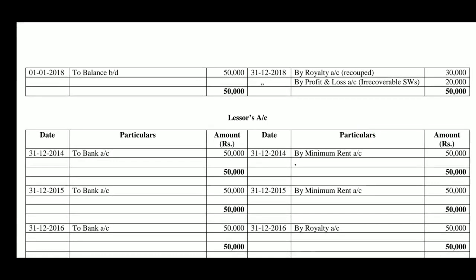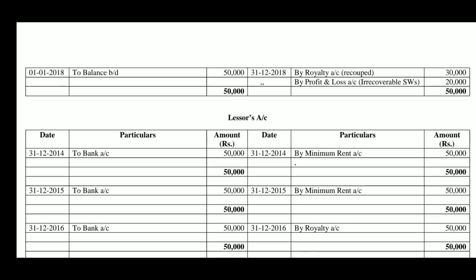Now, at the end of the year, since there is surplus royalty of 30,000, which is utilized for recoupment, by royalty account recouped 30,000. Now, ultimately the balance amount 20,000 is irrecoverable, because the 5th year is being expired during 2018.